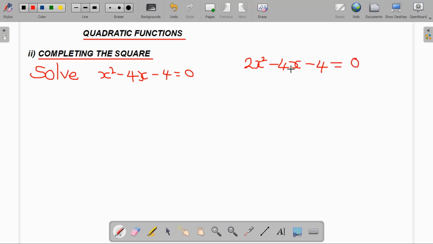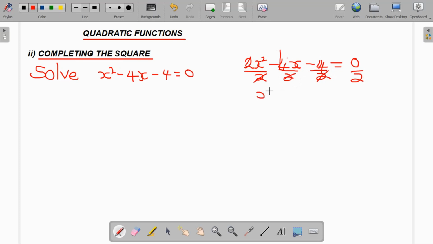So if the coefficient of x square is not 1, then you have to cancel this 2. We divide by 2 everywhere, even the other terms. 2 into that one gives us 2, and 2 into that one gives us 2 as well.